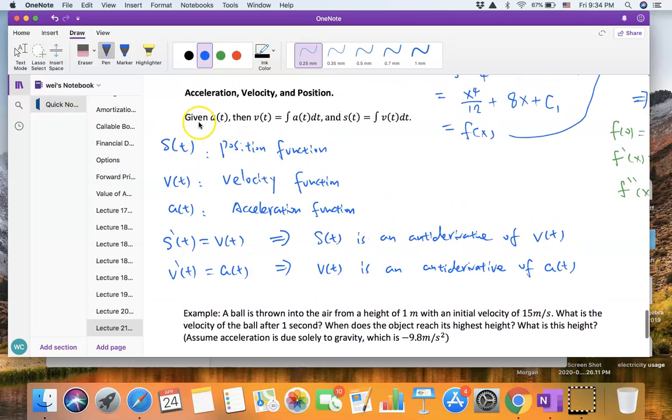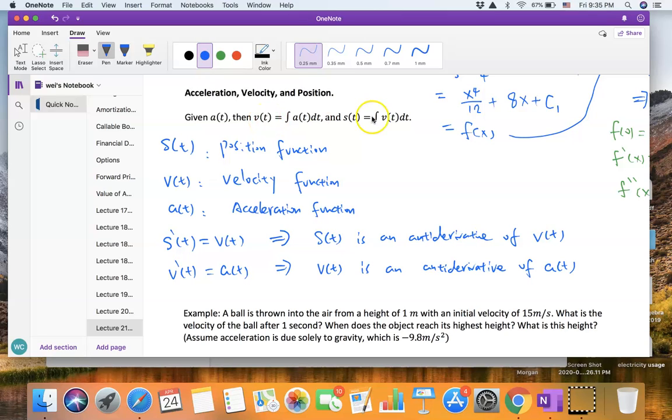So if we are given the acceleration function, to find the velocity function, we can find it by using the integral, by finding what is the antiderivative of this function a of t, and that function will be the velocity function.